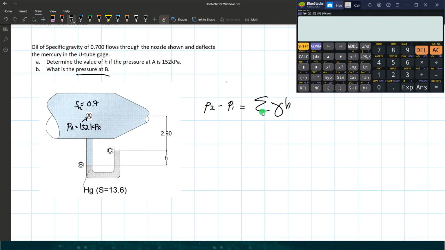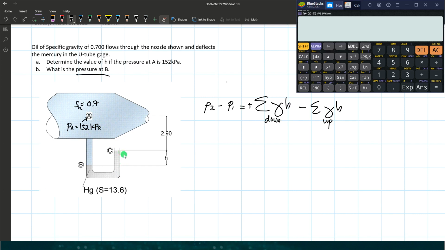We have a sign convention that we have a positive sign for downward direction, and a negative sign for the sum of product of unit weight and H for upward. So depending on the direction of our reference point for the starting point of measuring the manometer, or measuring the pressure difference in the nozzle.